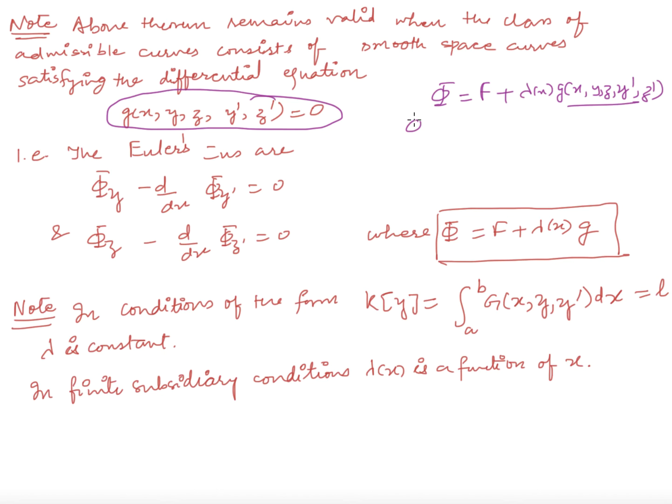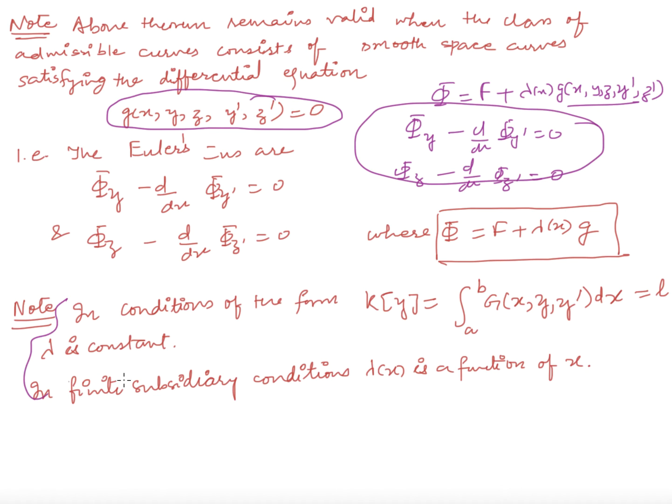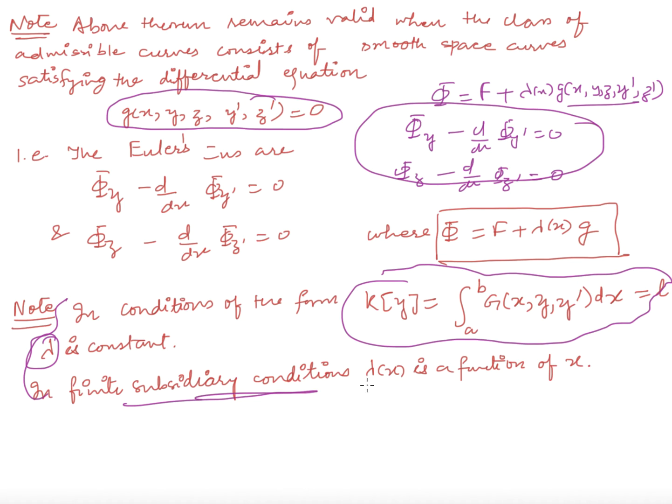So you have to write the Euler equation for this: phi y minus d/dx of phi y dash is equal to 0, and phi z minus d/dx of phi z dash is equal to 0. Note that in the case of isoperimetric problems, lambda was a constant, but in the case of finite subsidiary condition, lambda is actually a function of x. So you have to keep this in mind while solving problems.